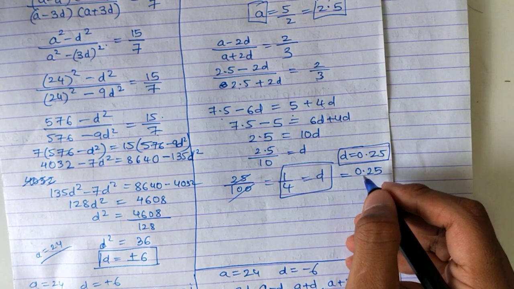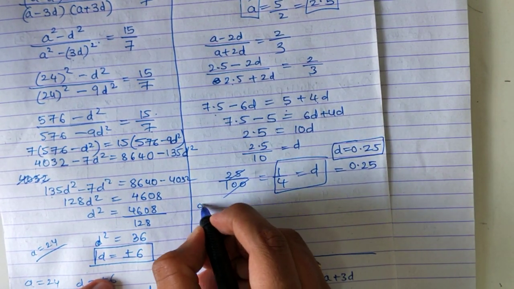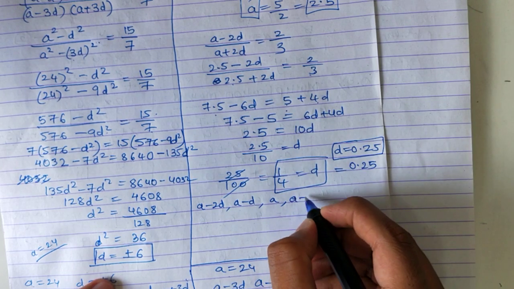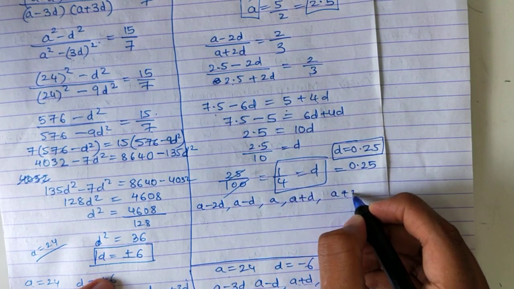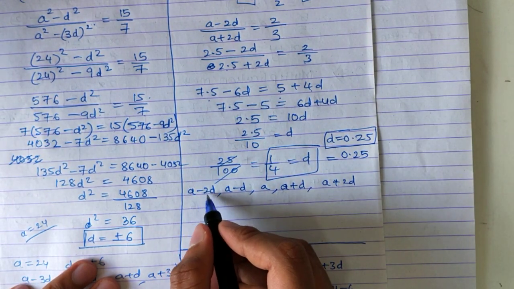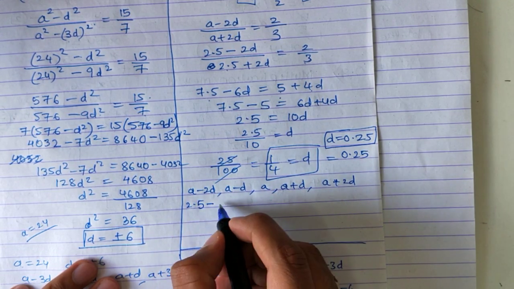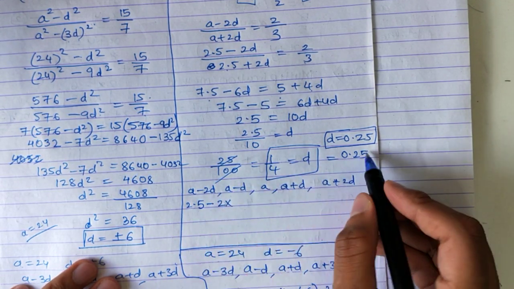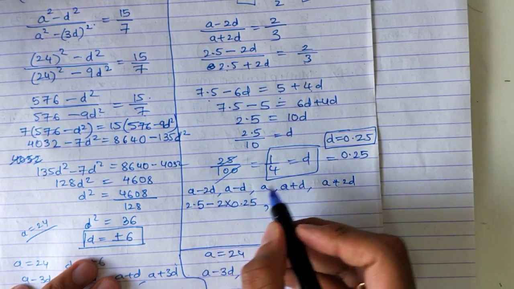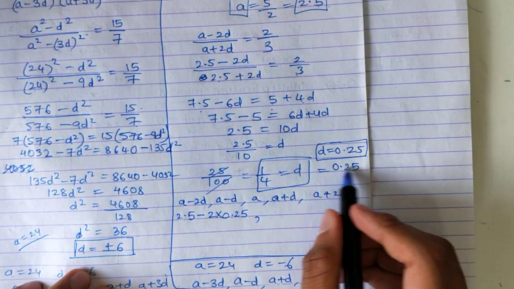So now using this, I have to find the 5 numbers. So what were the 5 numbers? The 5 numbers are a minus 2d, a minus d, a, a plus d, and a plus 2d. So a minus 2d, a is 2.5 minus 2 into d, which is 0.25. A minus d means 2.5 minus 0.25.